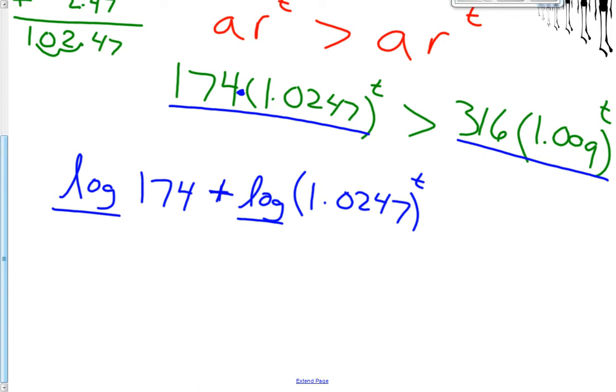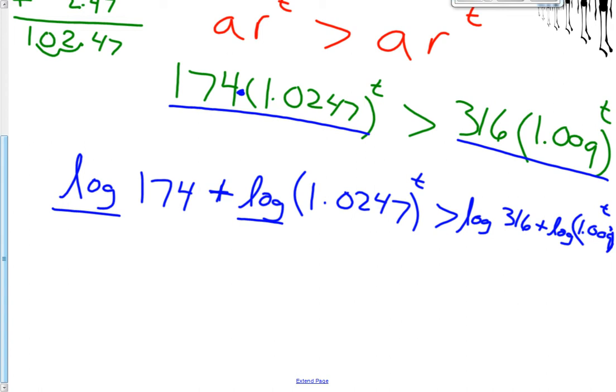That's the product property of logs. I'm going to do the exact same thing with the United States' side. So it's going to be the log of 316 plus the log of 1.009 raised to the t.